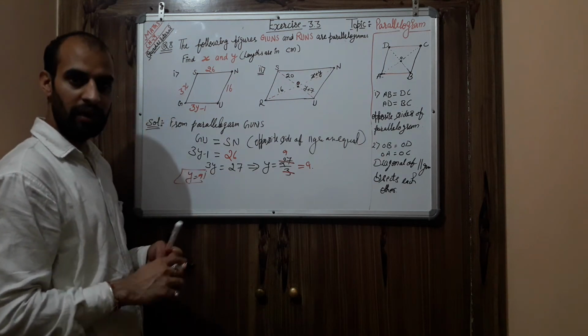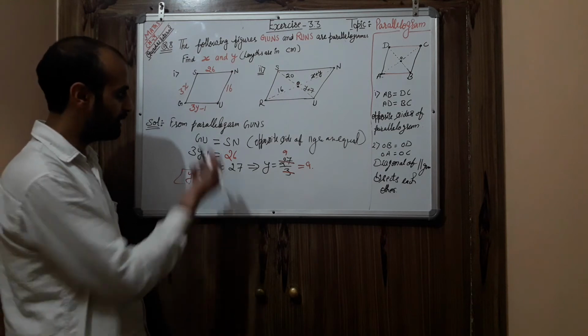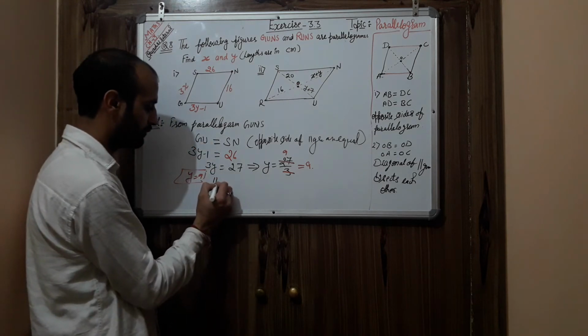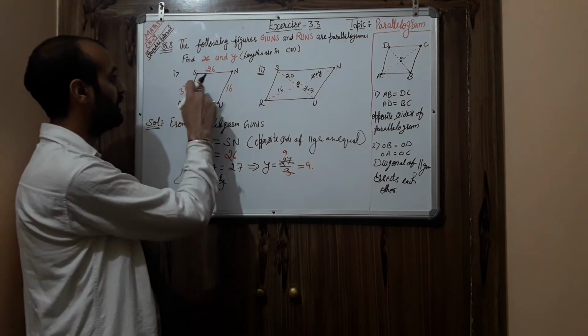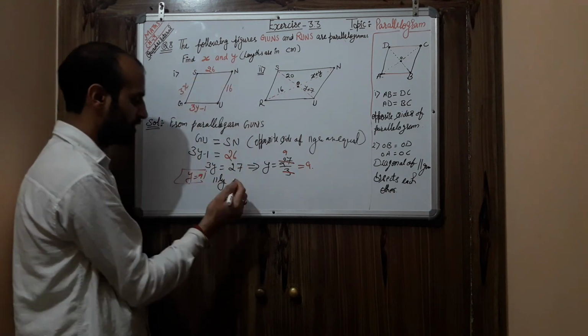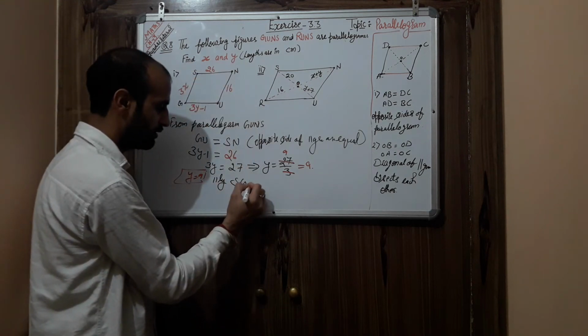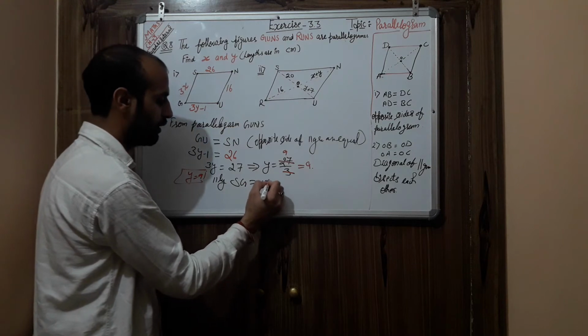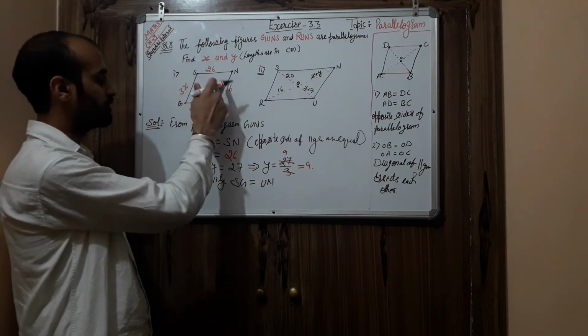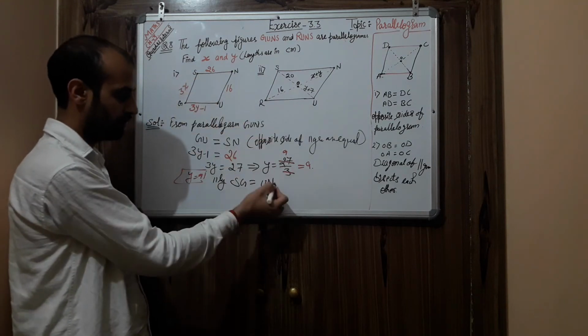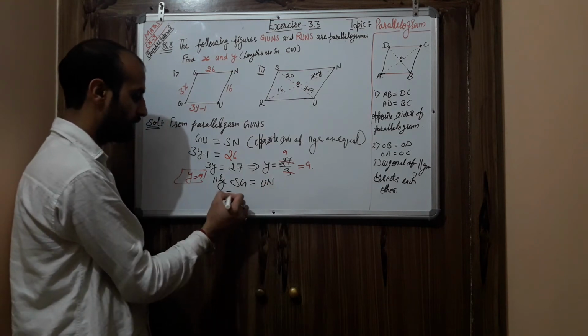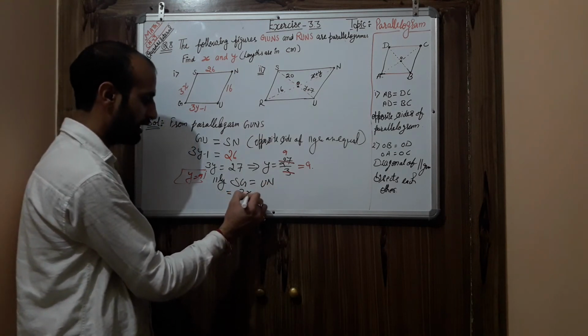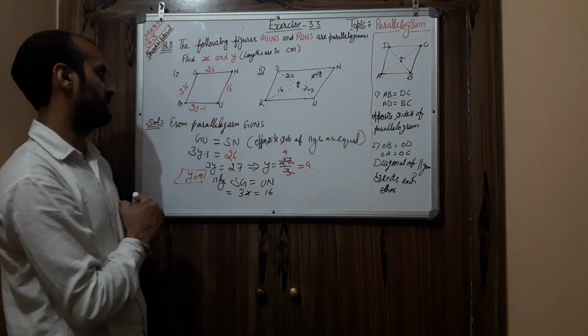Similarly, as we are able to find the value of y, we can apply the same definition. Similarly we can write SG is equal to UN. So these are also opposite sides of the parallelogram. So this implies we can write 3x is equal to 16.